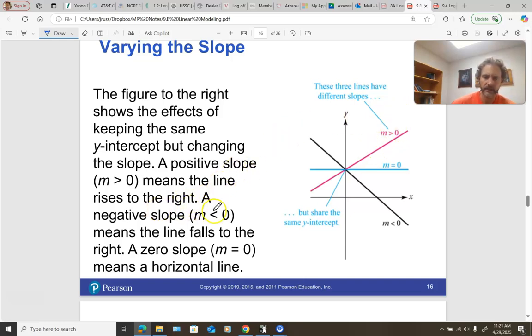Let's see, a negative slope, or in other words, when m, or the rate of change, is less than 0, you may get a line that looks like this one in black. Okay? And what that means is that for an increase in the value for x, you actually get a decrease in the value of y. And so that causes this line to fall.